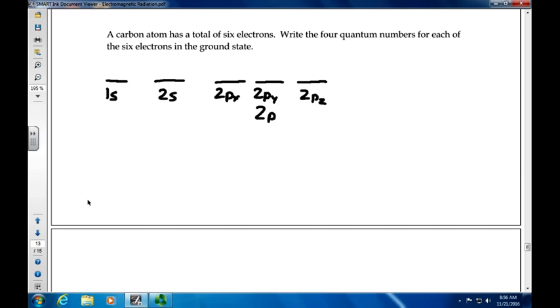So we know that carbon's final electrons, so to speak, are going to be sitting at the 2p, correct? And then you look at the p or the s, and those letters indicate the angular momentum quantum number. So the last thing we have here is that we need to address the magnetic quantum number and the spin quantum number.